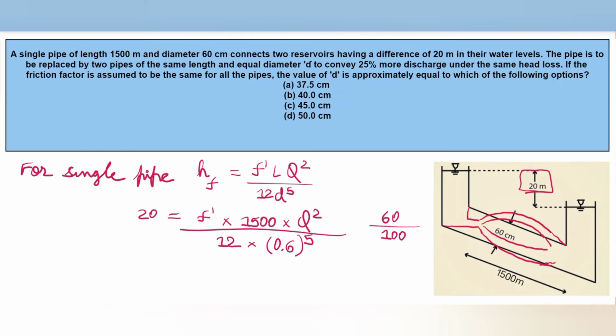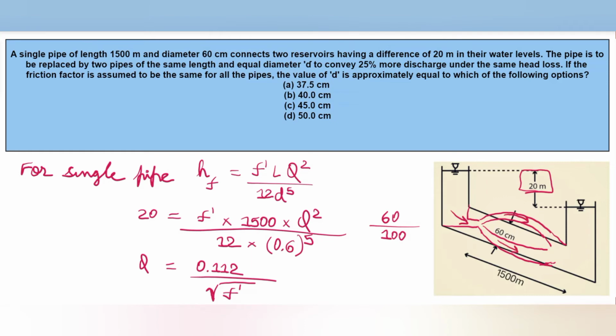Therefore it will be 0.6 raised to 5. Now on solving this, we'll get Q is equal to 0.112 upon under root of F dash. Because we don't have the value of friction factor, we'll keep it like this only.